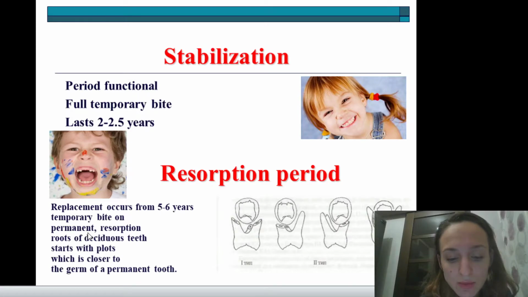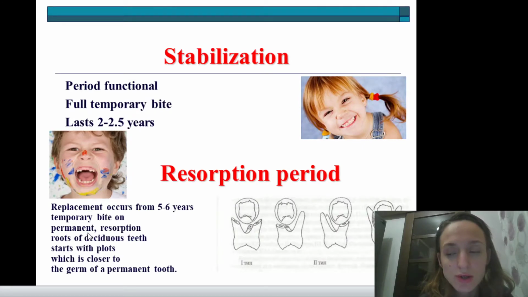Maintenance of adequate spacing and arch continuity for the emergence of permanent teeth is one of the most important functions of primary teeth. The primary teeth also stimulate the growth of the jaws through mastication, especially in the development of the dental arch.